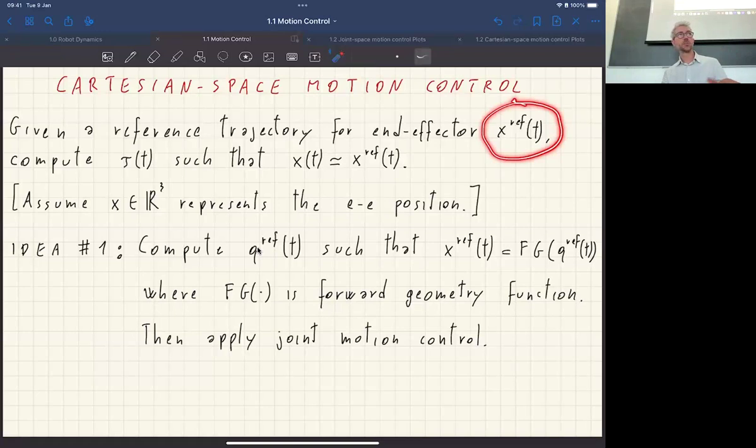So I can do all the pre-computation that I want with this trajectory. And in particular, I could compute a corresponding reference trajectory in joint space such that following this reference in joint space allows the robot to follow the reference that I was given in Cartesian space. Okay, so I can compute this mapping.